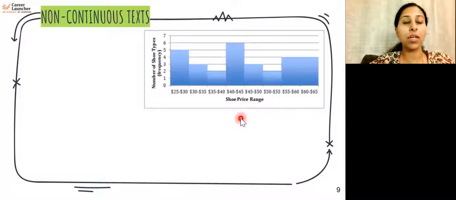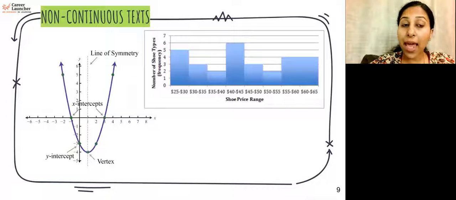This also is a situation where you need to develop the ability to read and understand relevant information from the graph. You may have a graph of a polynomial in this way, where you need to read some information off the x-axis and the y-axis, and you need to look at the labeling which has been provided.